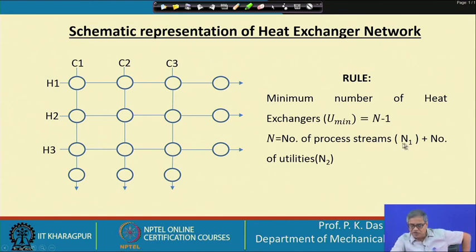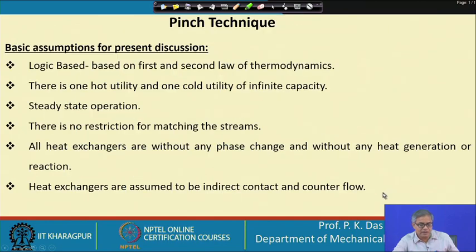That is number of process streams N1 and number of utility streams N2. So, if there are N1 process streams including both hot stream and cold stream and N2 utilities, then N is equal to N1 plus N2 and then the minimum number of heat exchangers we have got from here. All right. So, this is just by common sense you will get this.